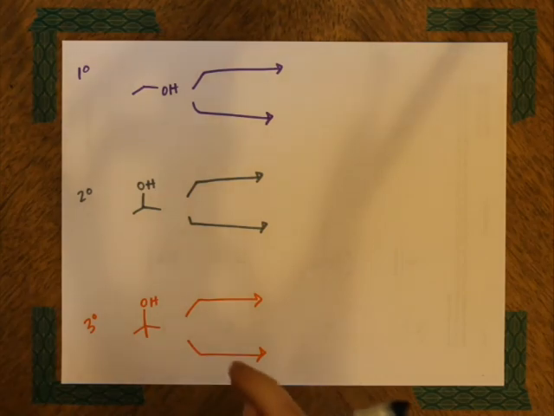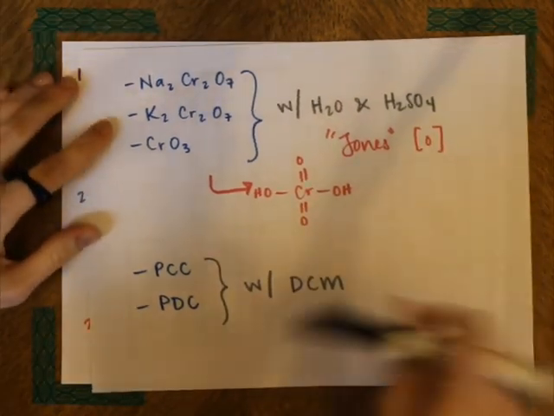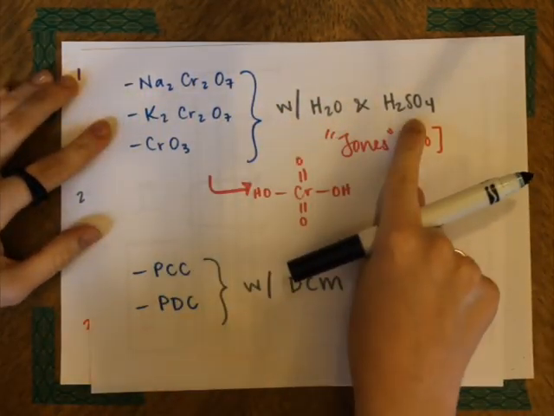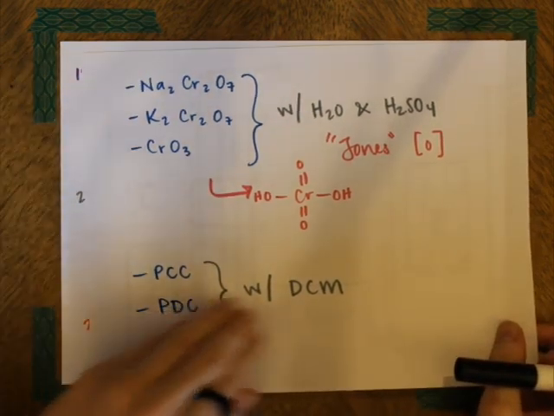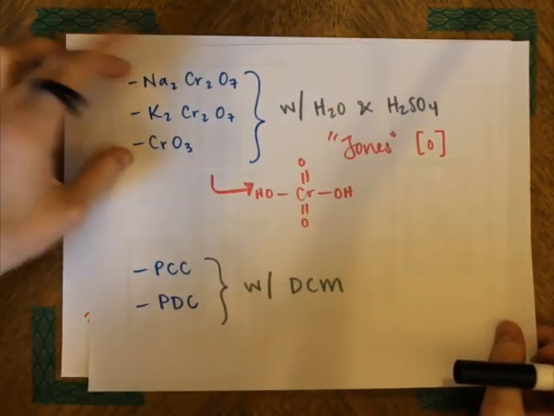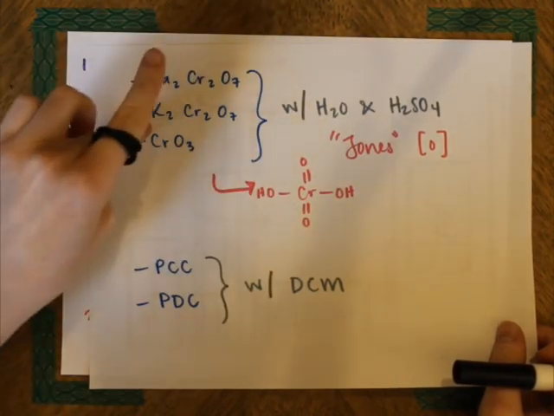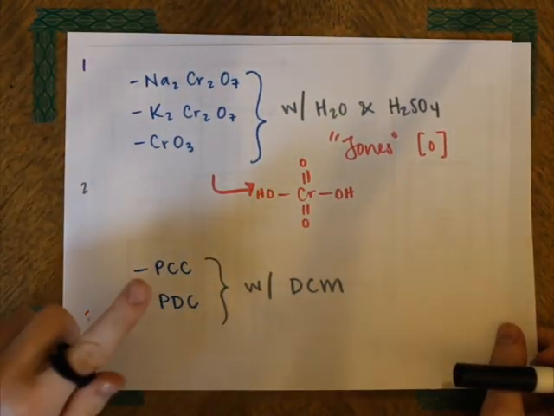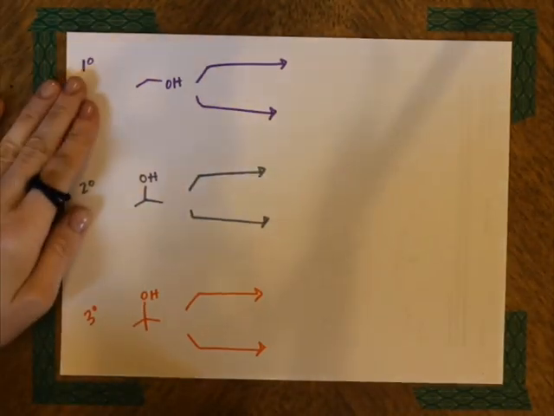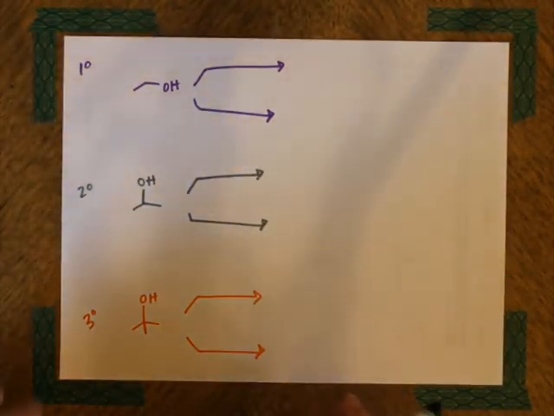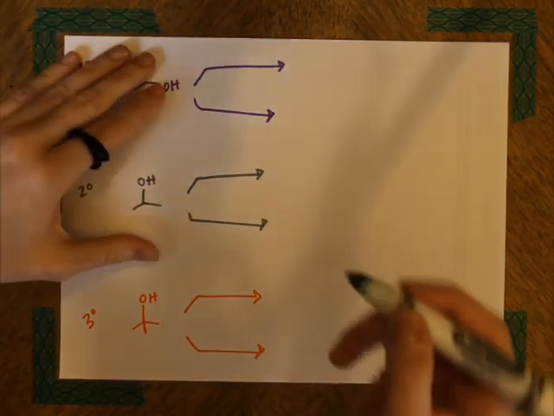But remember, I could use any of these three with water and sulfuric acid, or either of these two with DCM, and they're going to react the same way. So I'm just going to choose one thing and keep it consistent throughout. Just know anything on that list will do the same thing.